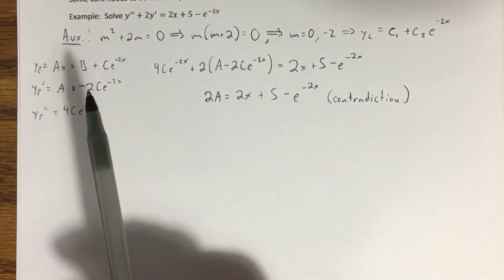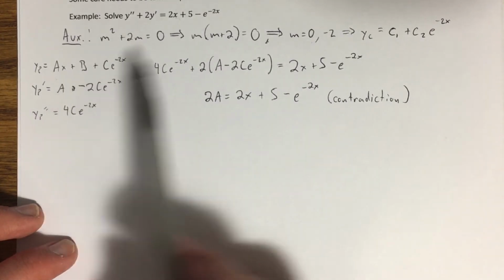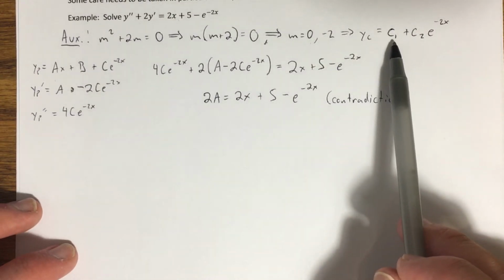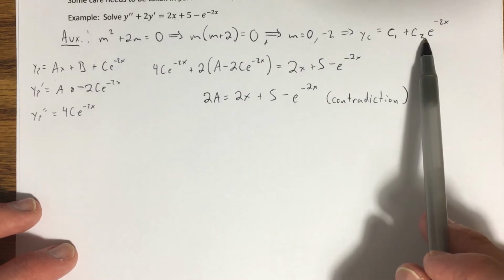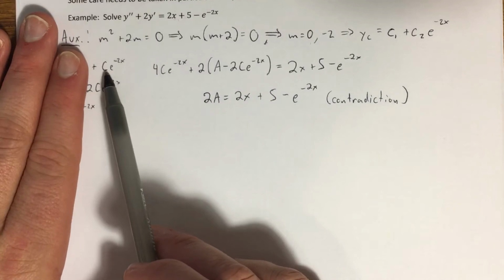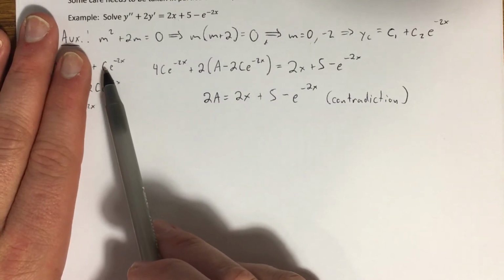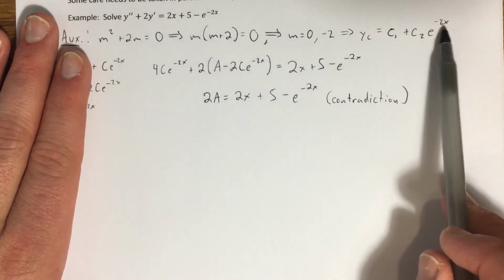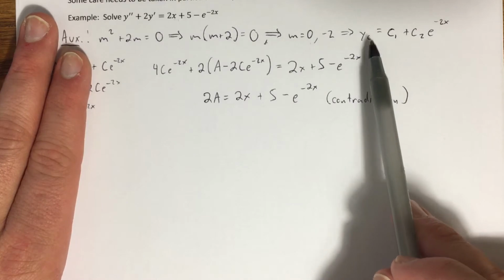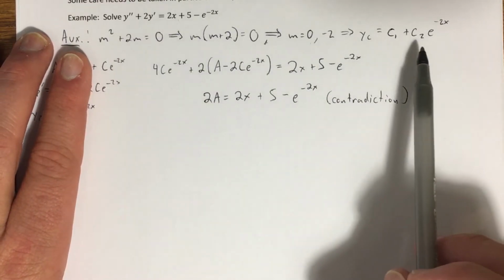Well, the problem is that this function is already accounted for, or at least part of it is already accounted for in our complementary solution. Let's look at it in terms of its terms specifically. So for example, right here, c e to the negative 2x. Any constant times e to the negative 2x is going to be a solution to the associated homogeneous equation.